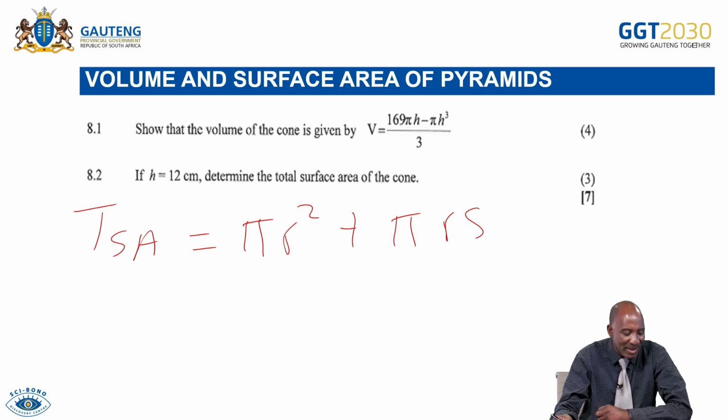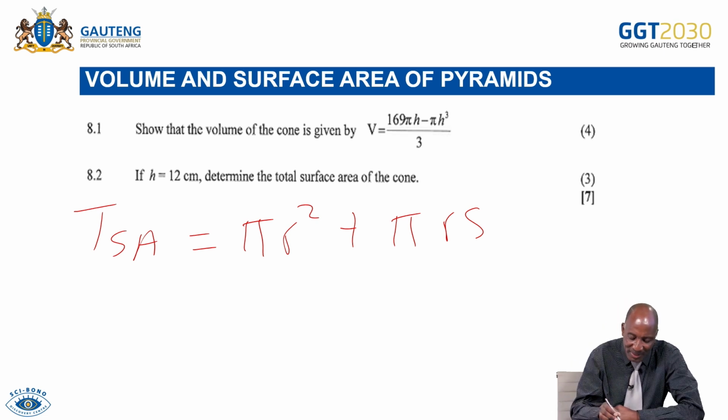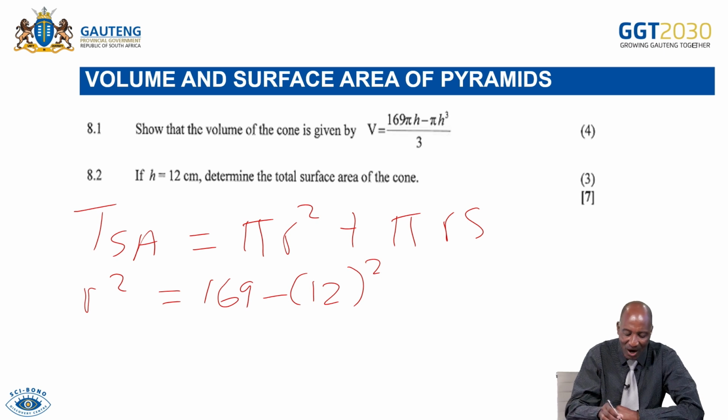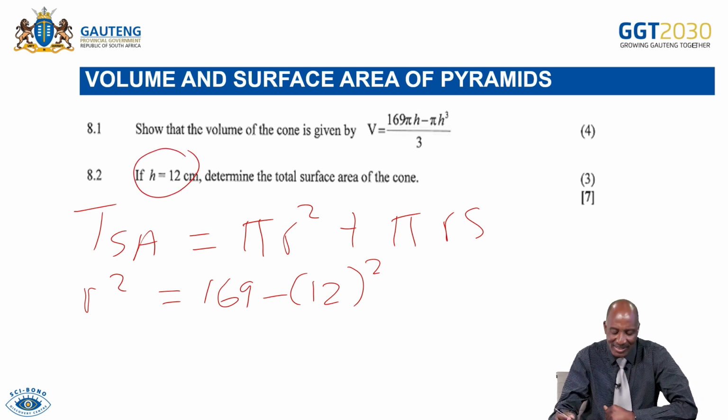Then we are going to replace our pi r squared. Our h is 12, remember? So we're going to say r squared equals 169 minus h squared. We replace h and put a 12. We are told that our h is 12 according to the question.